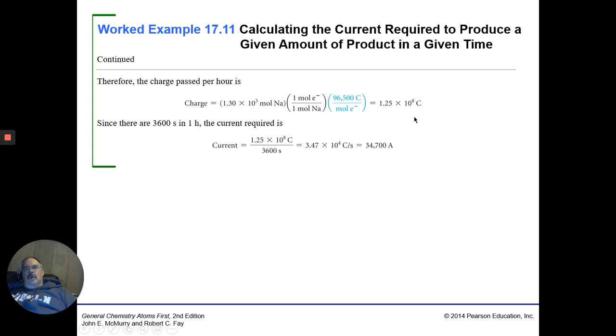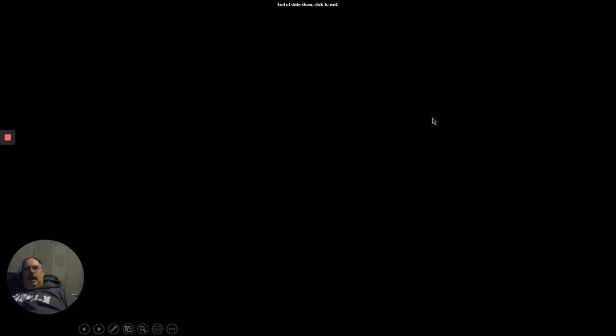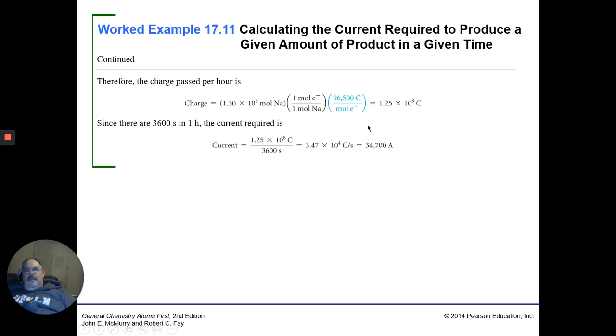And this is our coulombs. To get the current, an amp is defined as a coulomb per second. So we would take our total charge divided by our total time, and our current required is 34,700 amps.